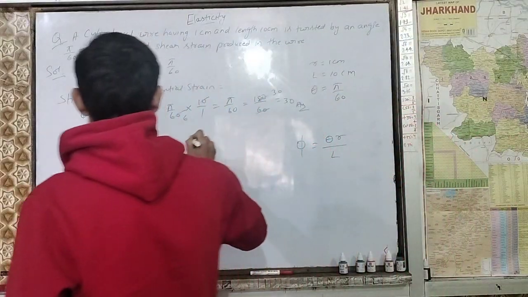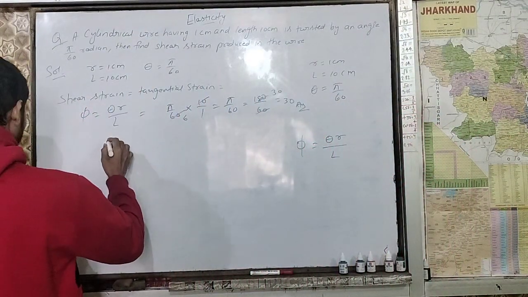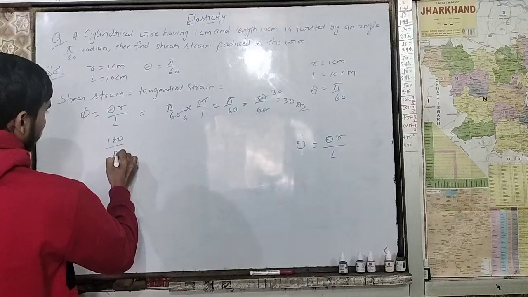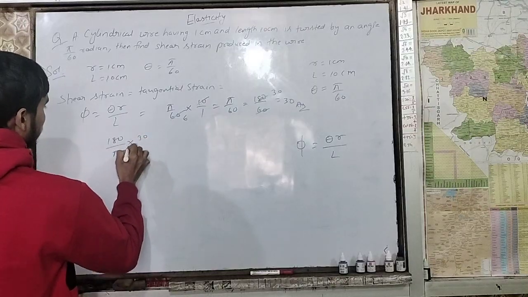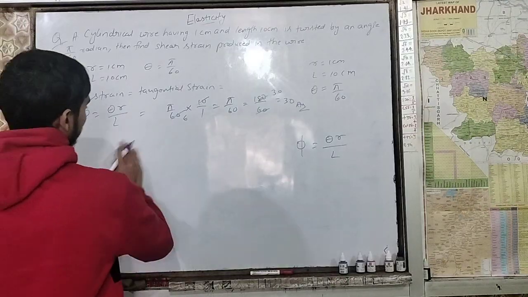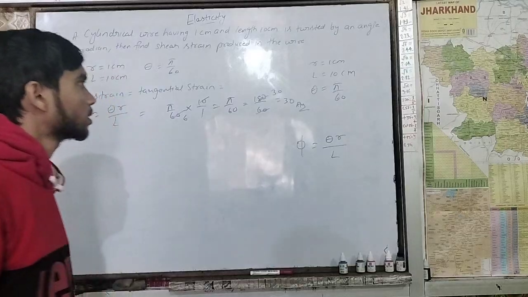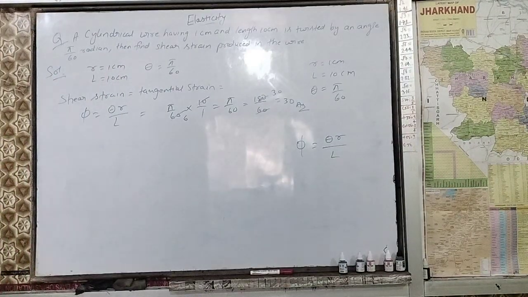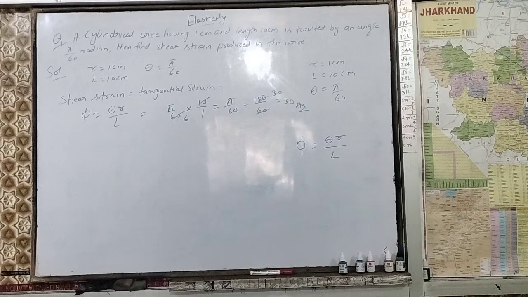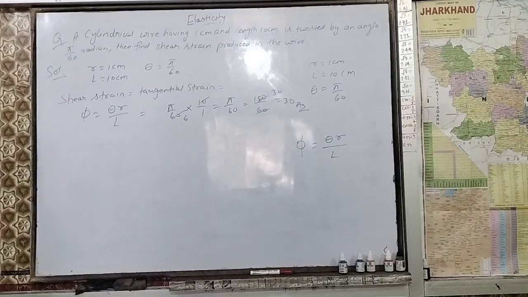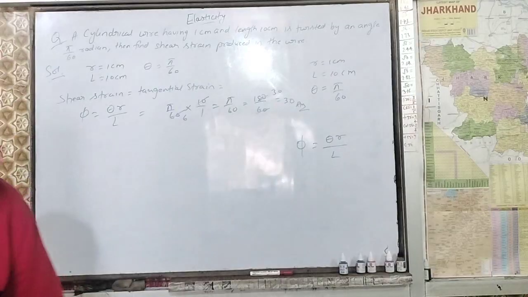If you want to convert this into radian, multiply by pi upon 180 and 30. Just understand this is our value in degrees, but it is not in radians. To get it in radians, you will have to simplify further. Right now I am leaving this part.